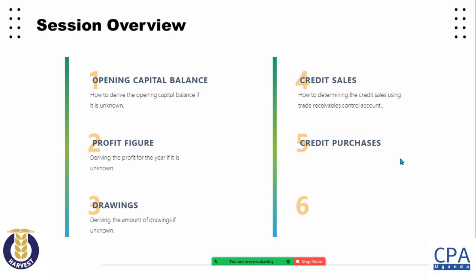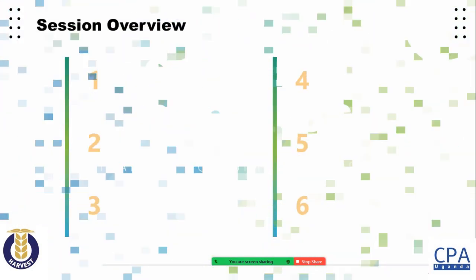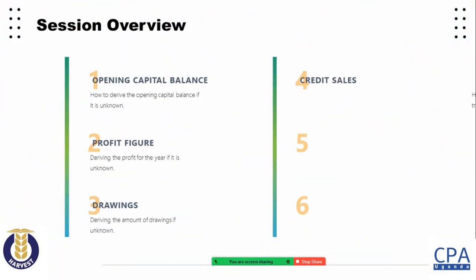And then we may be interested in determining the credit purchases, and we are going to look at how to derive the figure of credit purchases using the trade payables control account. And then finally we shall look at how to determine the cost of sales and how to complete our cash book using some very important measures like the margin.